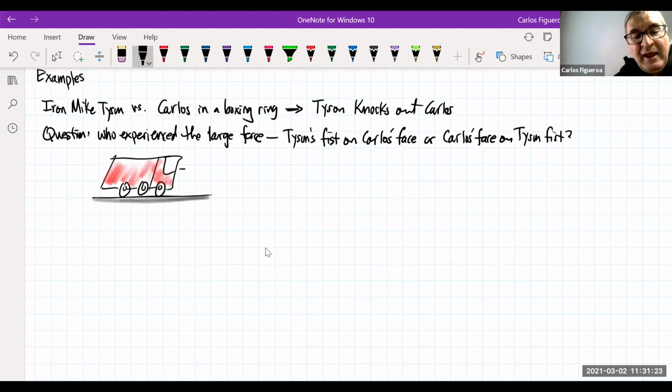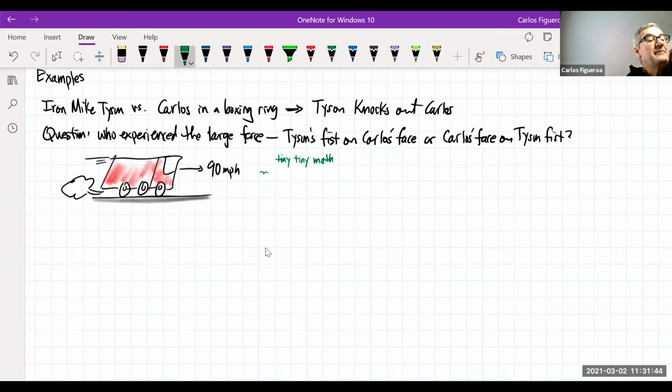And you're driving at 90 miles an hour. And then out in the middle of the highway is this tiny, tiny moth.